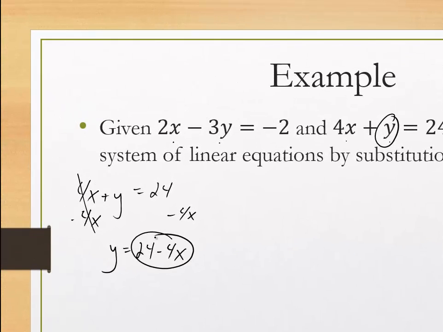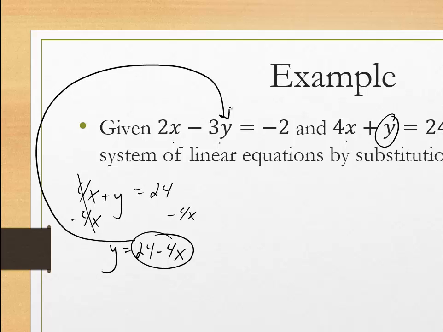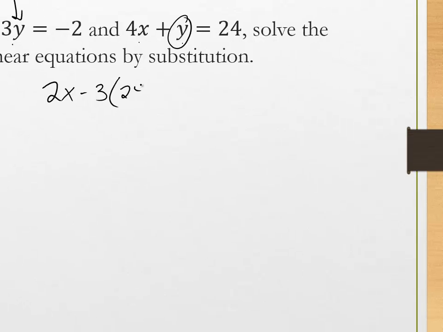So using a visual, plug that in for this y, because y equals 24 minus 4x. So let's go ahead and do that. We have 2x minus 3, and then since y equals 24 minus 4x, inside your parentheses put 24 minus 4x. And that's going to equal negative 2.